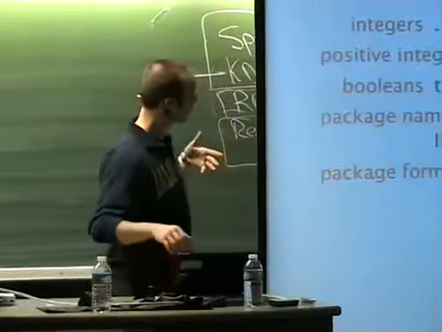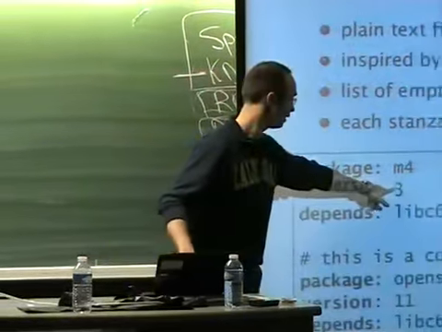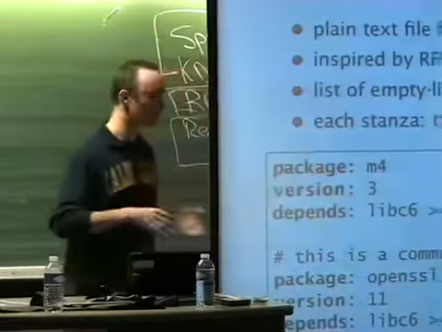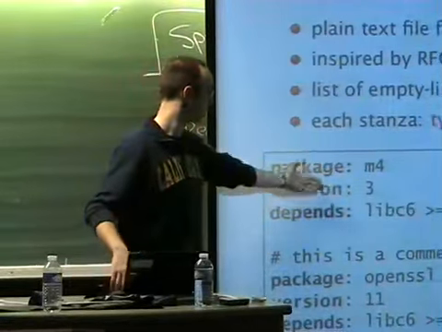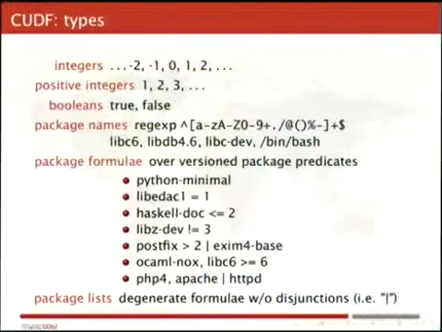So values are typed. That means that this value is not just a string of characters, it is to be interpreted in a typed world. And the kinds of types we support are very simple types, with specific types for handling packages. So we have integers and positive integers, booleans, and so on.